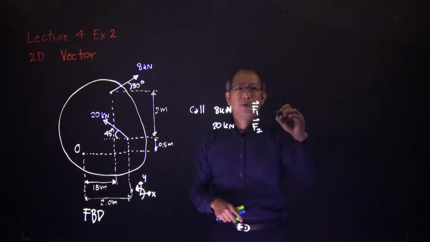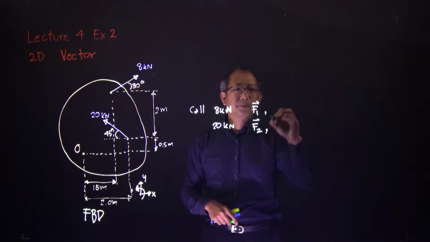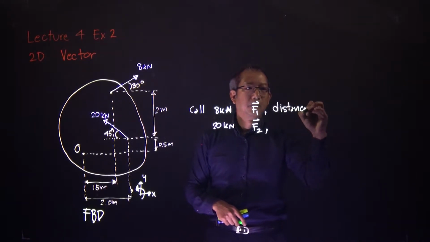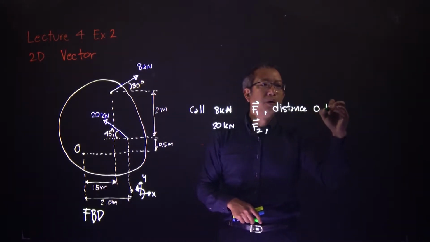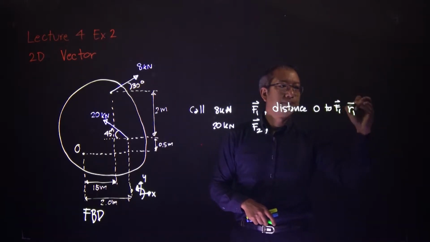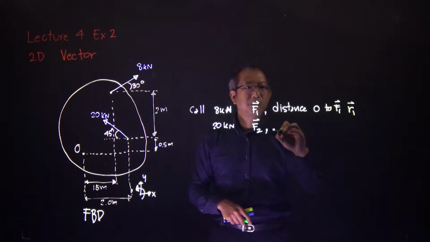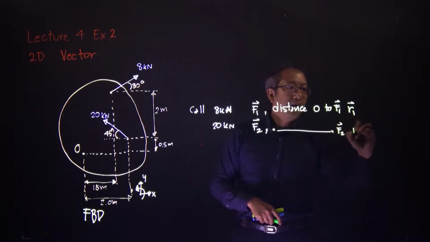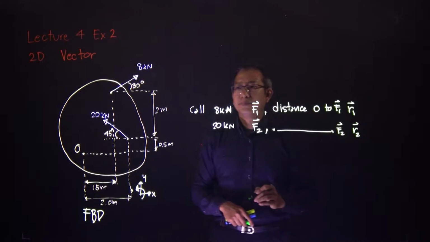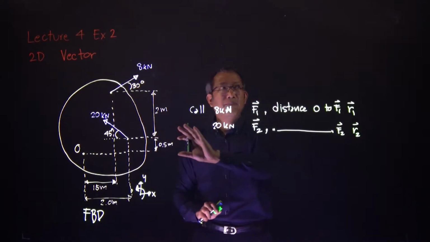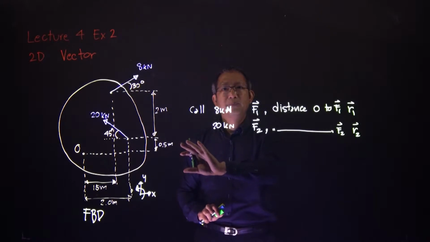Then I will call the distance measured from O to F1 R1, and the distance measured from O to F2 R2. Okay, so once we set the definition, then we can isolate them and tell the others what it means.